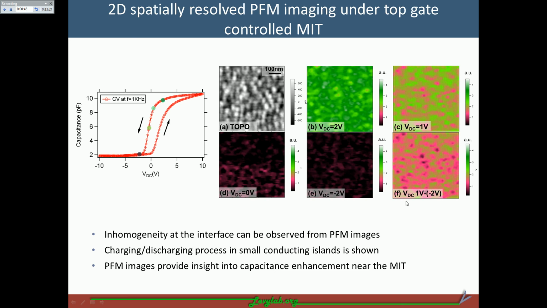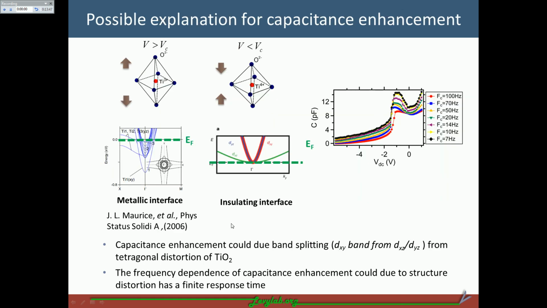Figure F shows the signal difference, which shows how this charging process happens. We hope this kind of PFM image provides some better understanding of the capacitance enhancement phenomenon.